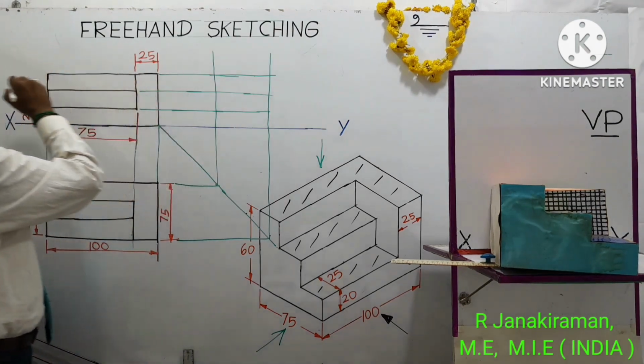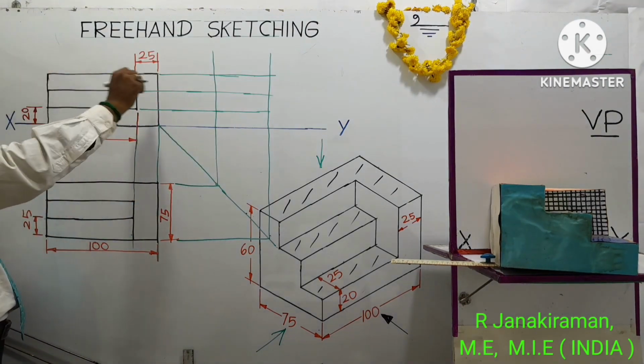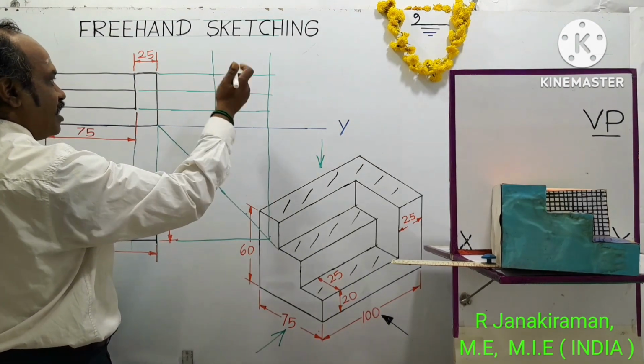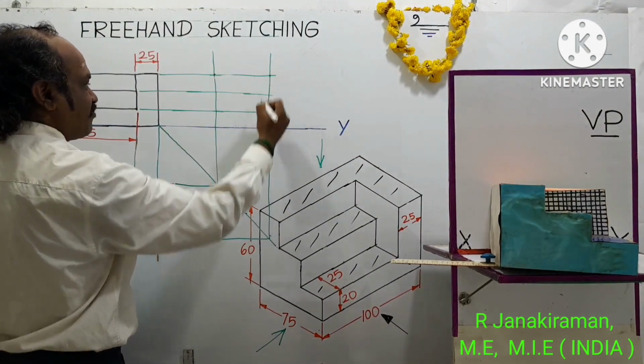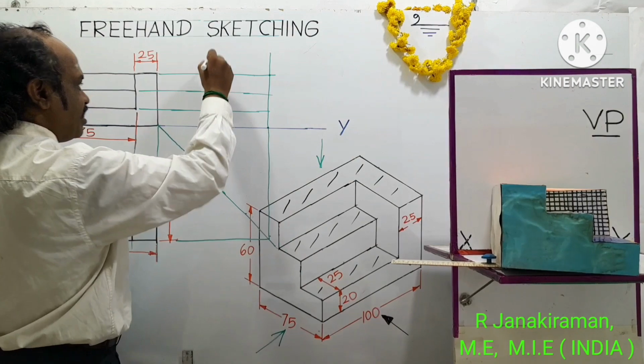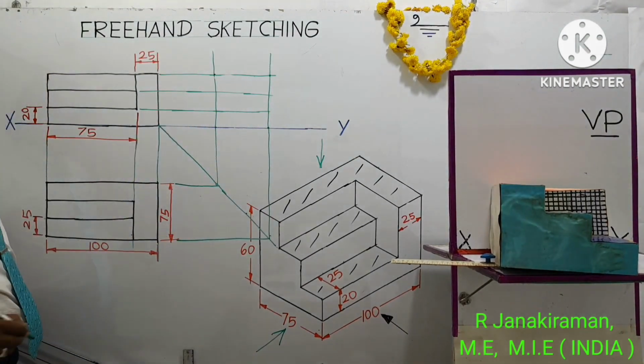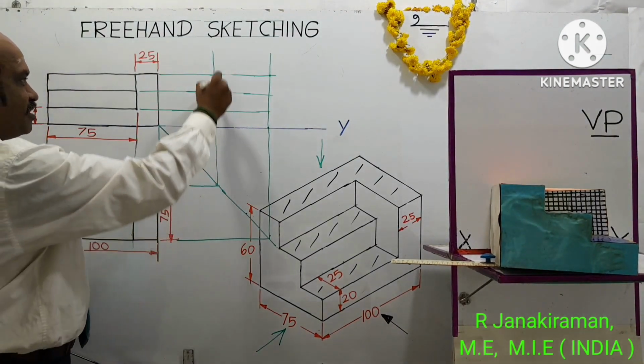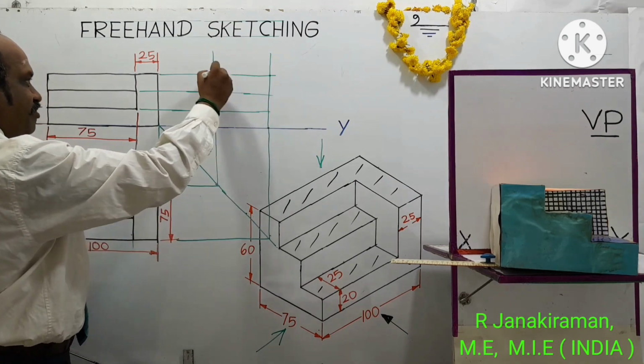And horizontal projector is also drawn from the top surface of the front view. So these projection lines, where they intersect, form the corner of the rectangle. Inside this, the side view is to be drawn. This forms a boundary, the maximum boundary. Within that, the side view will come.